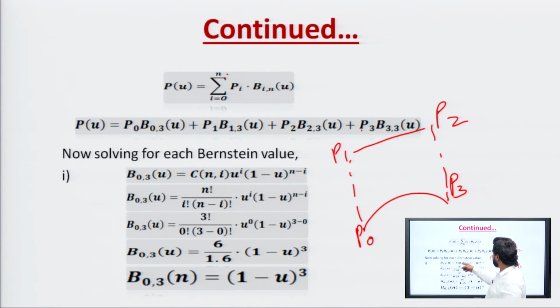We put n as 3 and i equal to 0 first of all, because it is B(0,3). Then it comes out to be 3 factorial upon 3 factorial, since 0 factorial is 1, u to the power 0 means 1, and (1 minus u) to the power 3 minus 0, that comes out to be 3. So we get 6 upon 6, and u to the power 0 is 1, times (1 minus u) whole cube. So B(0,3) is (1 minus u) whole cube.